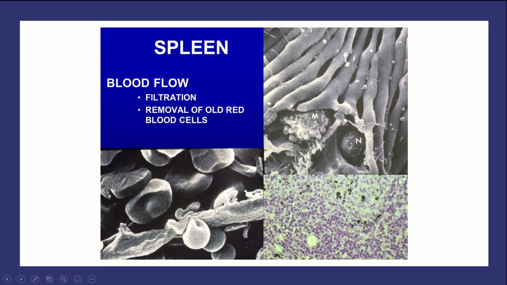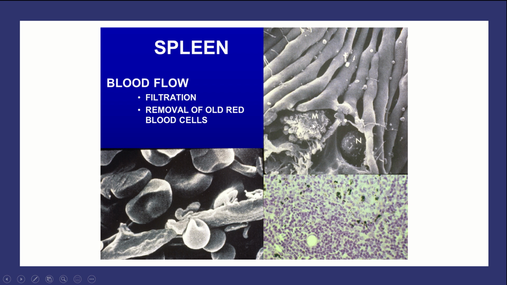If you are an old decrepit red blood cell and you need to be replaced, you can't function as well, and you'll actually get stuck in these holes. So here you can see this is an old wrinkly red blood cell and it got stuck. There's a little macrophage waiting in the tissues, and whenever these cells get stuck, it's going to come out from hiding and eat that red blood cell up.